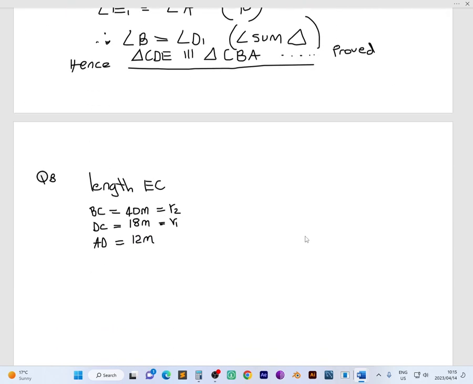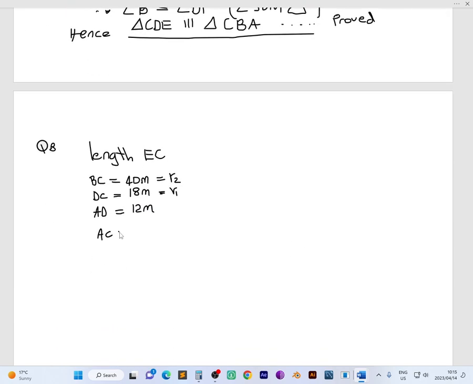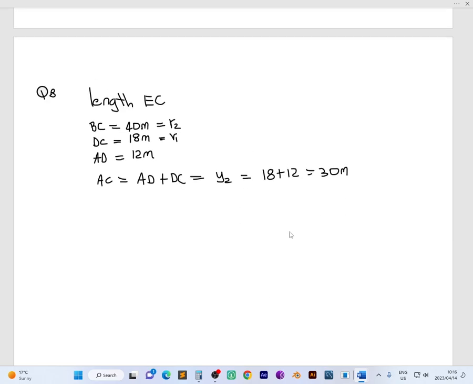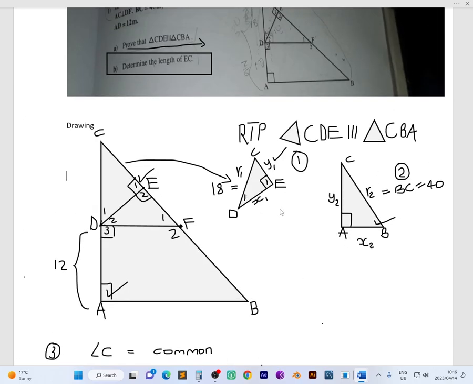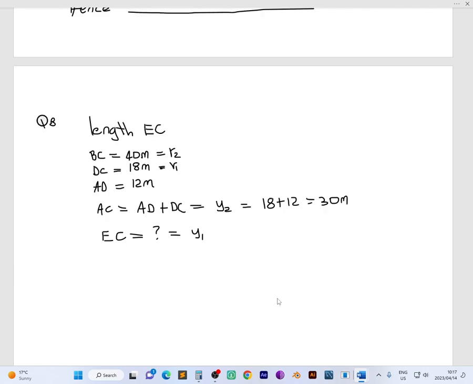And then we have to solve for AC, which is AD plus DC, and that gives us Y2, because AC is 18 plus 12. Okay, so those are the two sides, and then we have EC equals what. So EC, as you can see, you can give it to Y1.